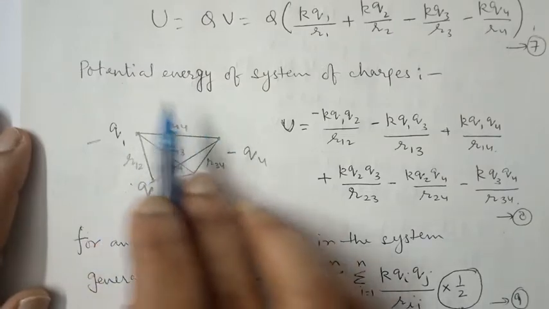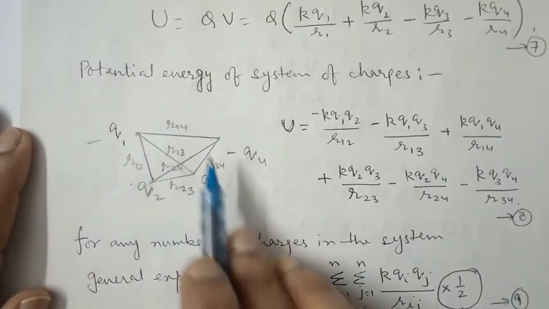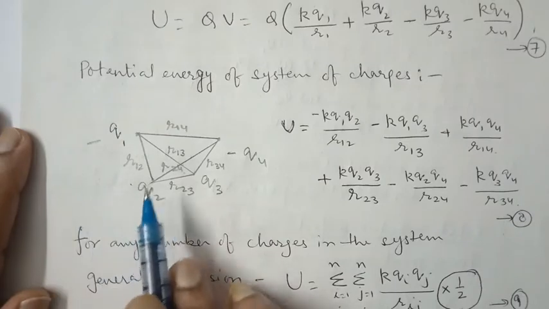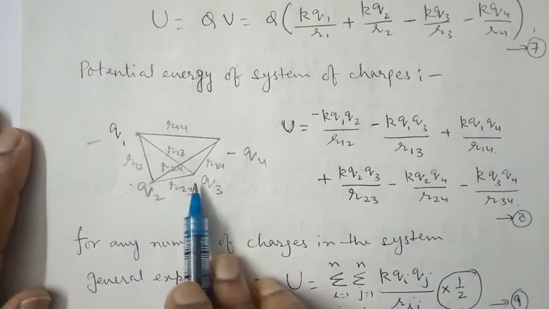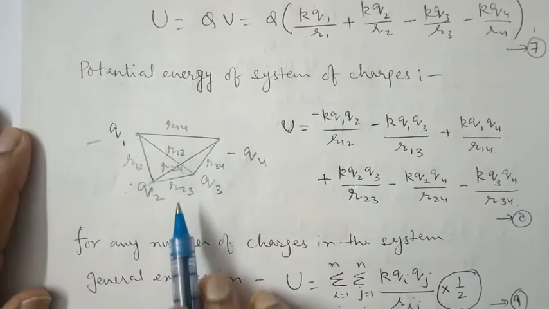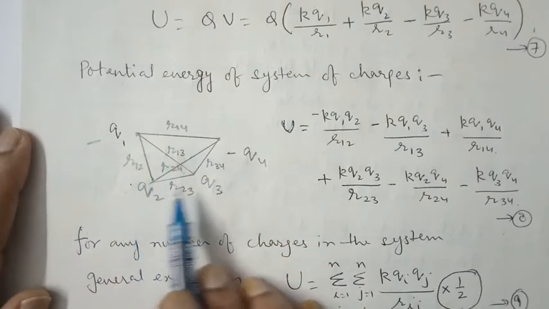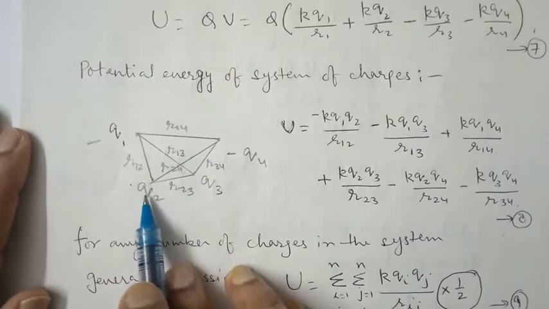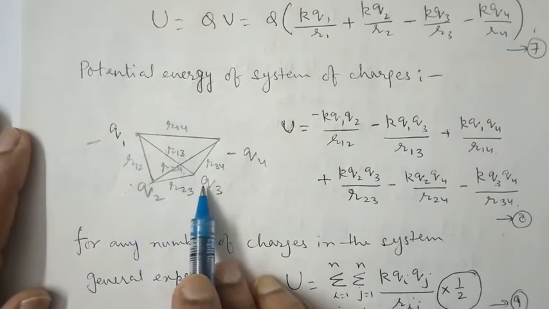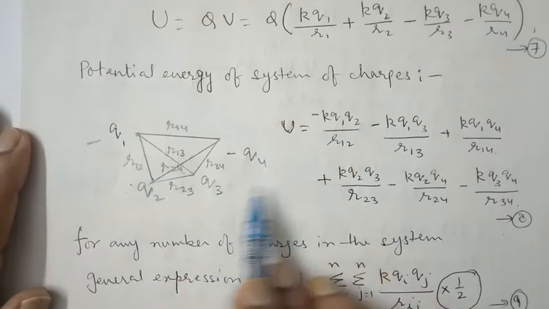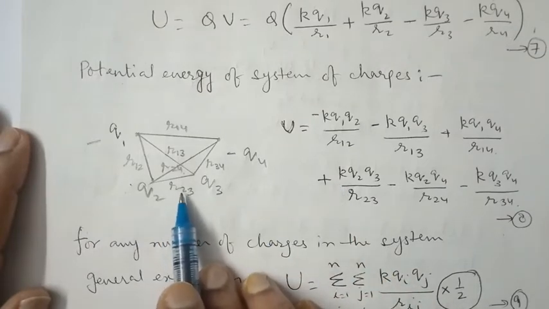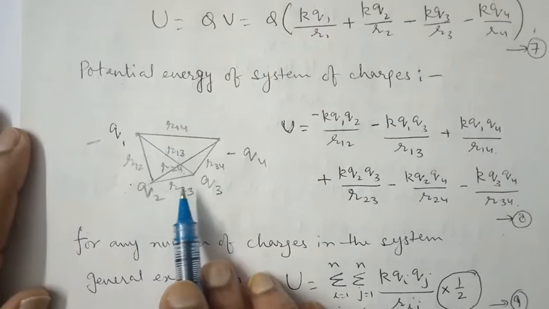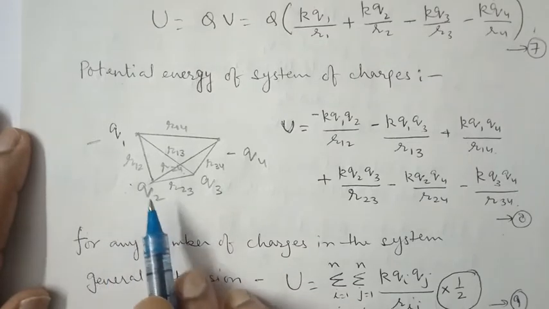Now this does not complete. This is only with respect to one charge. There are other charges also, like this 2, and so on. So we have to consider that pair also. The next pair, if I talk about, this is positive, this is also positive, will give rise to a positive, and the distance between these two is R23. So K Q2 Q3 upon R23.